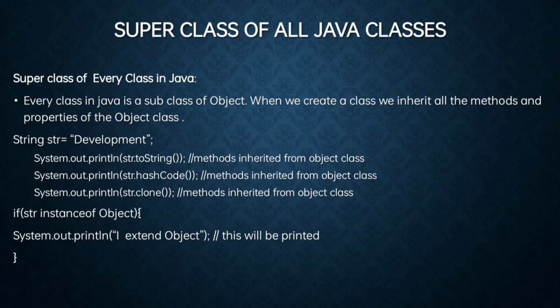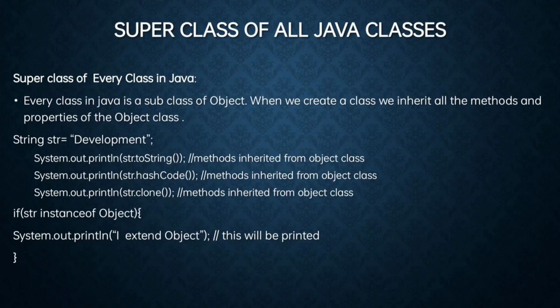Now let's talk about the superclass of all Java classes. Superclass of every class in Java is Object. Every class in Java is a subclass of Object. When we create a class, we inherit all the methods and properties of the Object class. Let's take an example, String str equal to development. Now let's try to print str.toString, a method inherited from the Object class.